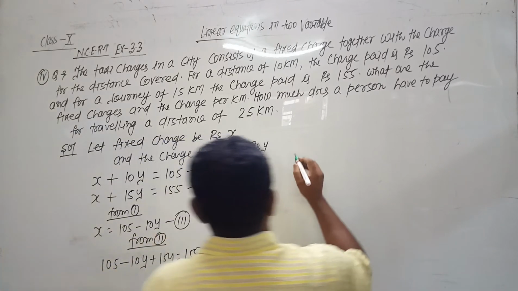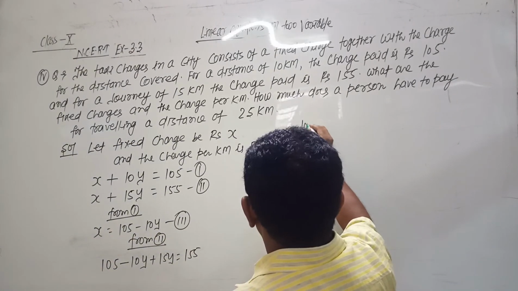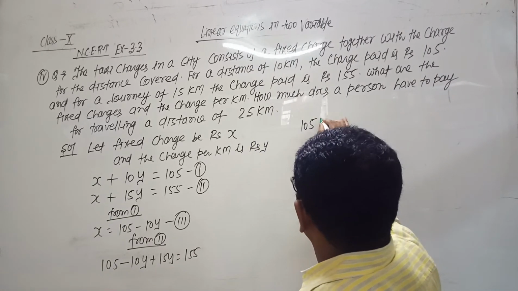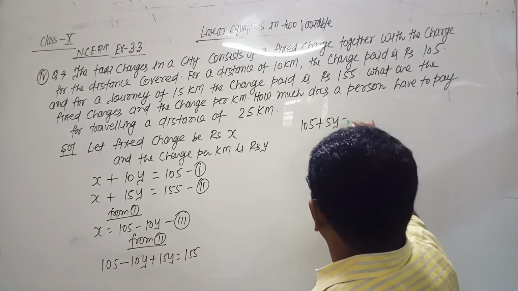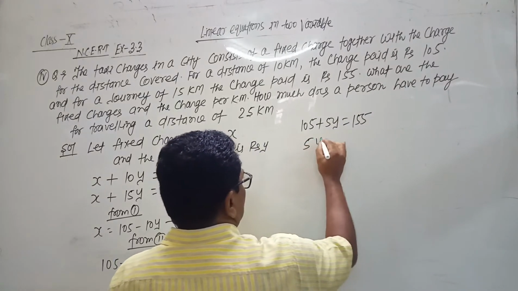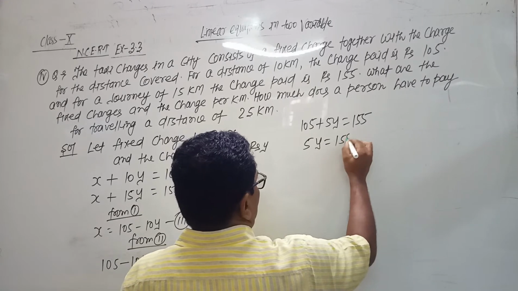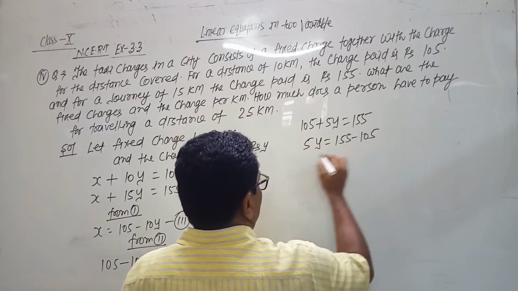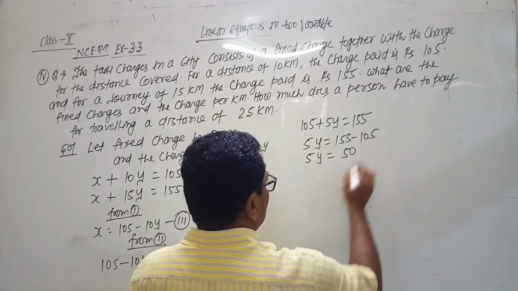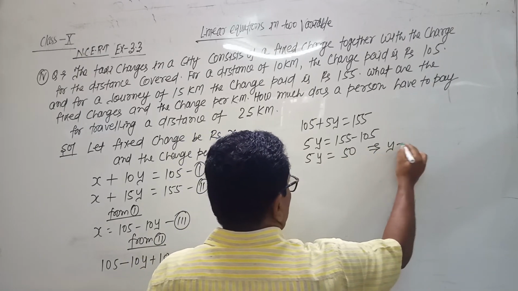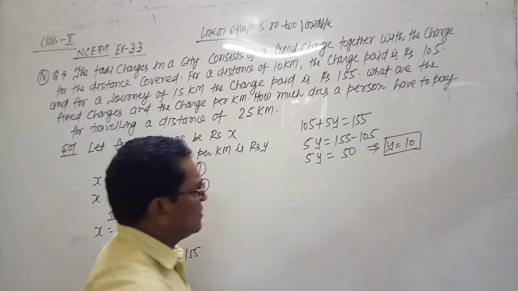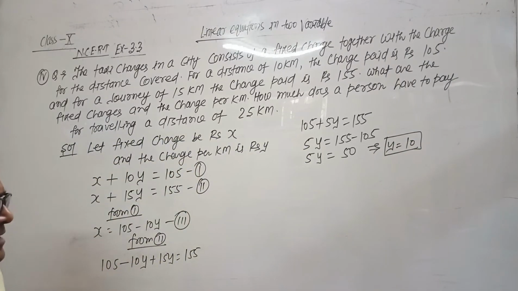This becomes 105 minus 10Y plus 15Y, this is plus 5Y equals 155, and 5Y equals 155 minus 105. So 5Y equals 50, and Y comes to be 10. 50 by 5, we get the value of Y as 10.